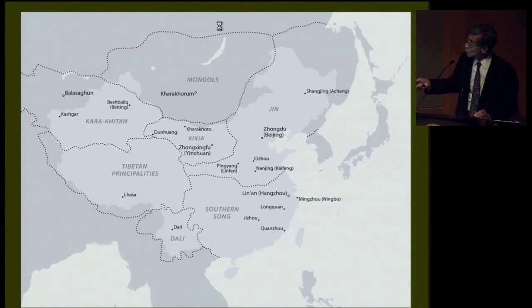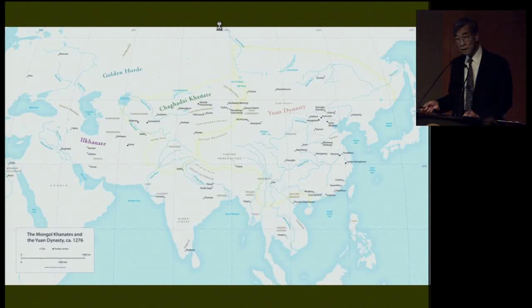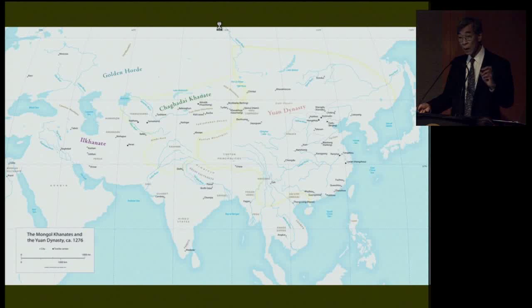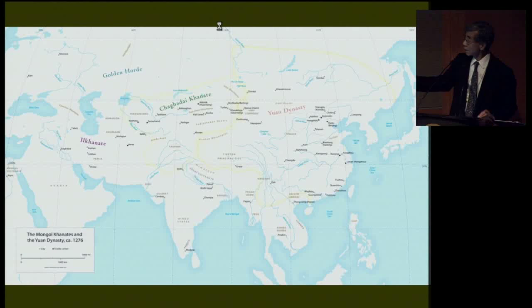But what is important to note is that after the conquest and the unification of all of China under Khubilai, China under the Yuan Dynasty covered all this vast area. But it was only one part of the greater Mongol Empire, which extended to Central Asia, the Jagatai, in Russia, the Golden Horde, and in Iran, the Ilkhanate.